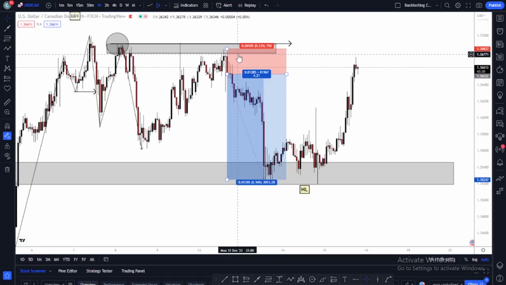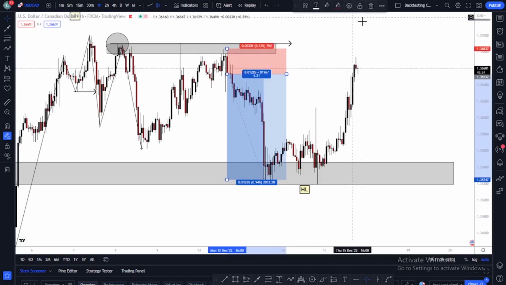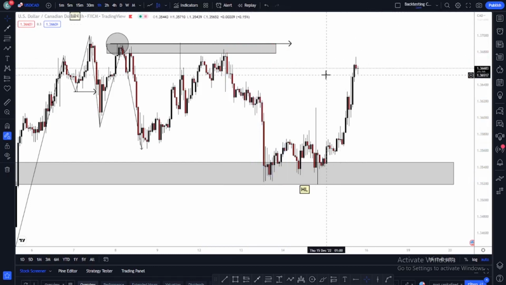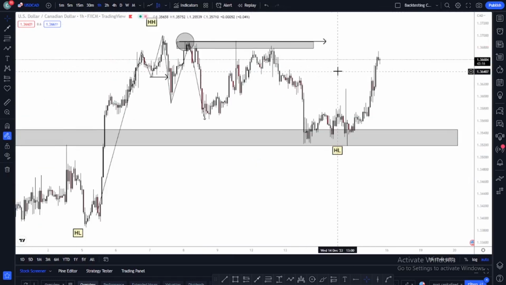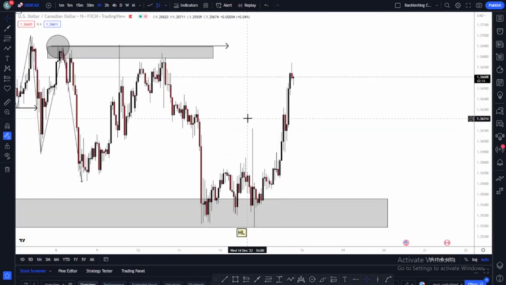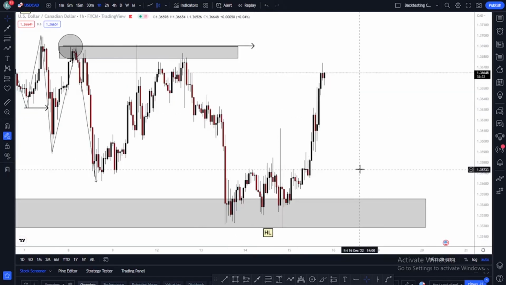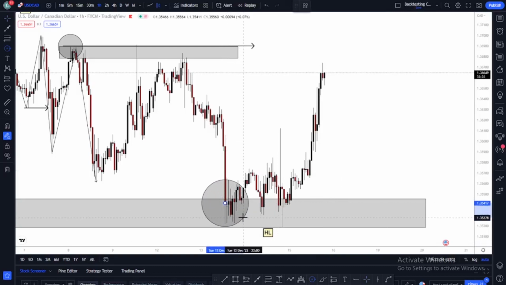Okay, so now let me delete this so we can continue. I can explain to you all how I caught a continuation. So when price came into our retracement zone, what are we looking at?